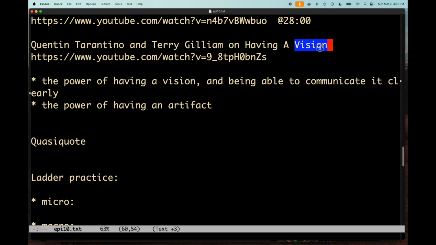So having a vision has advantages if you can communicate that vision. If the vision is compelling and you can communicate that vision to other people clearly, then I think there's a lot of power to it, and you can do things. And if it's a compelling vision and you can communicate it clearly and you're willing to work on it for a long period of time, even when no one else seems to care, then you at least have a chance.